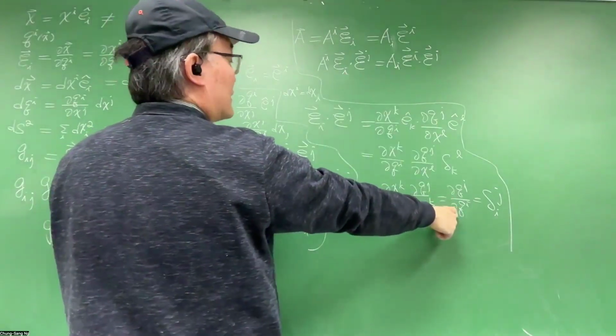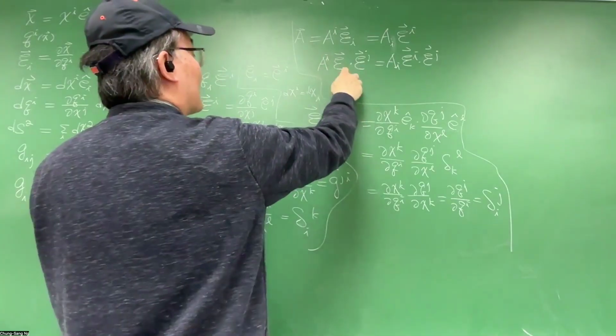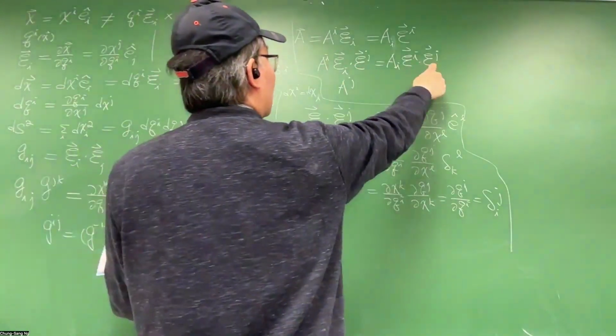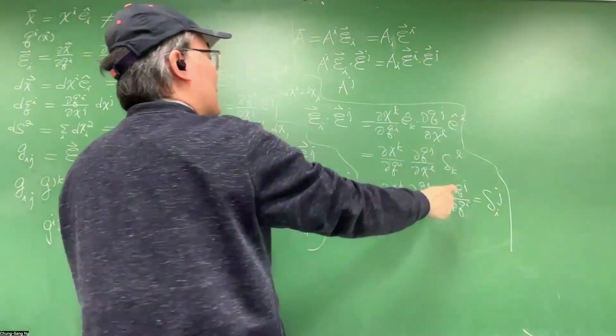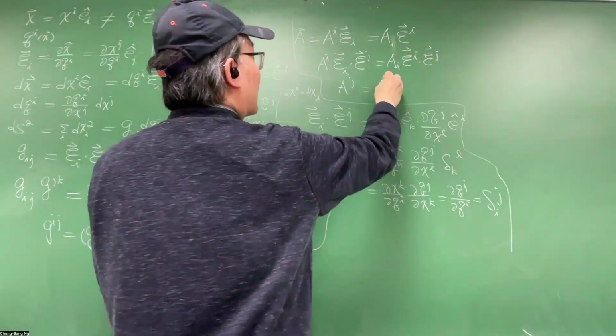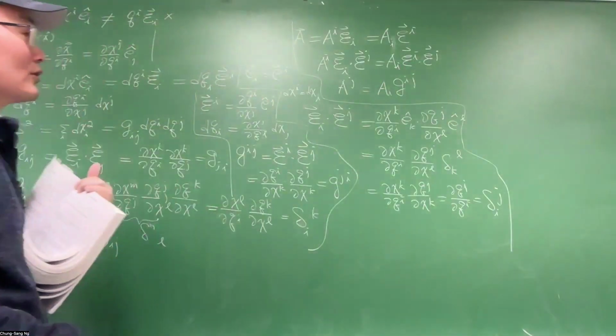This is a Kronecker delta ij. So this is A_i after sum over i, a superscript j, and this is our contravariant metric tensor. And the order doesn't matter.